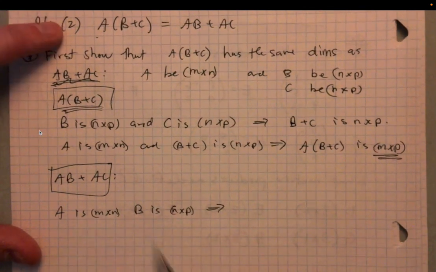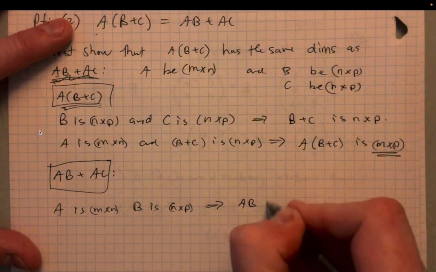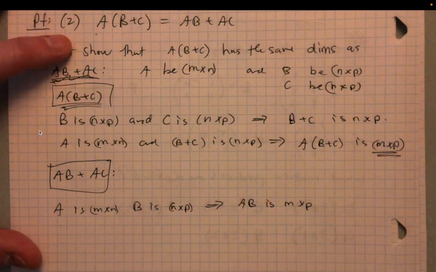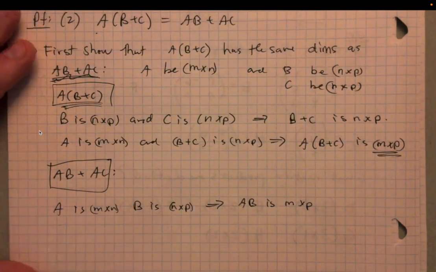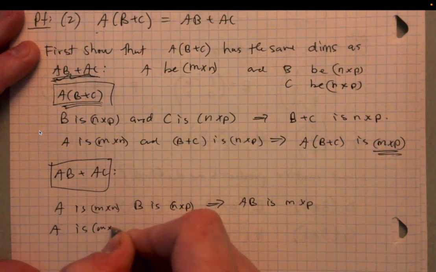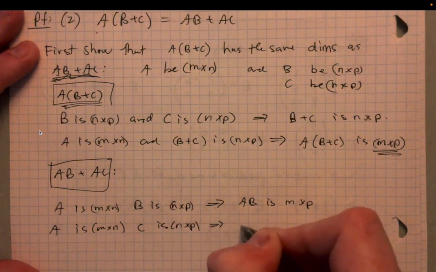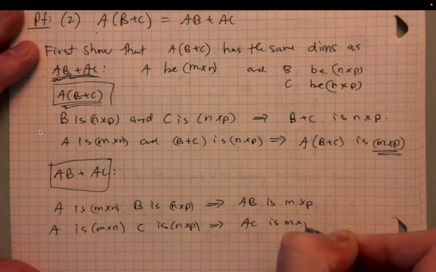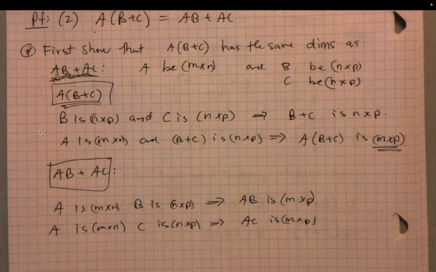Those two facts together imply that A times B is m by p. This is all just the definition of multiplication. Again, similarly, A is m by n, and C is n by p, and so that implies that AC is m by p. Now what happens if I add two matrices together and their dimension is m by p? Well, obviously the sum is m by p as well.